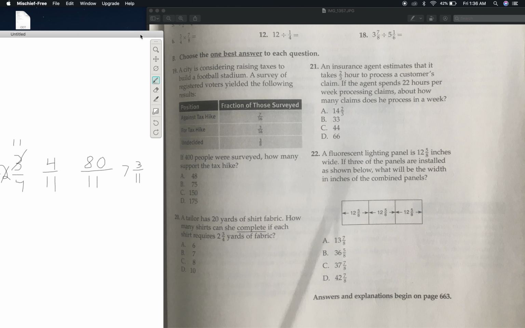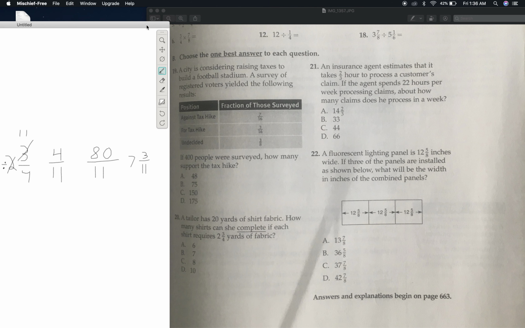Now, so see how we have 7 and 3/11ths? The thing here is there is no 7 3/11ths. There's a 7, but remember it says how many can we make? How many shirts can she complete if each shirt requires this much? So your answer is 7 because that's how many she can actually complete.